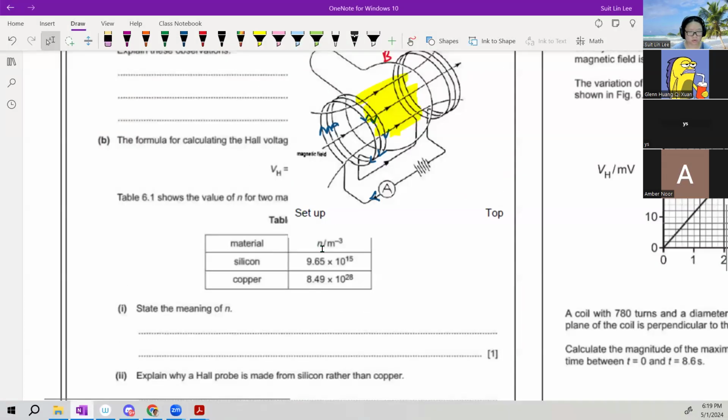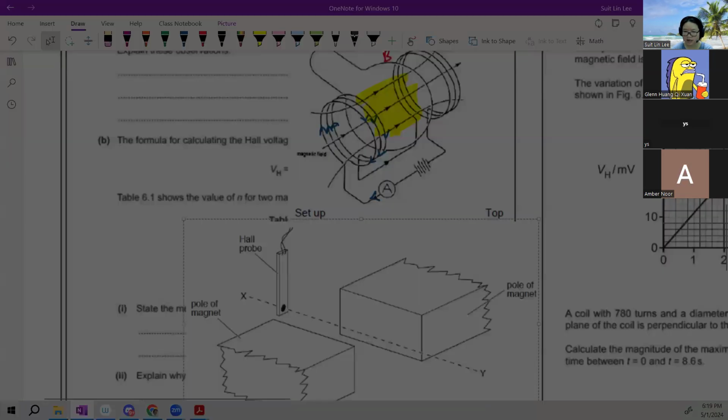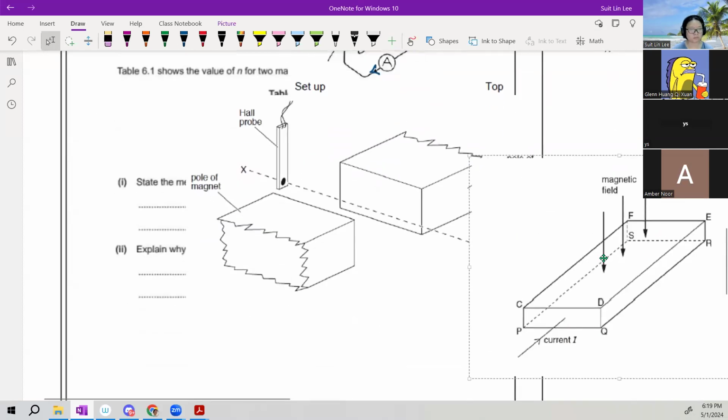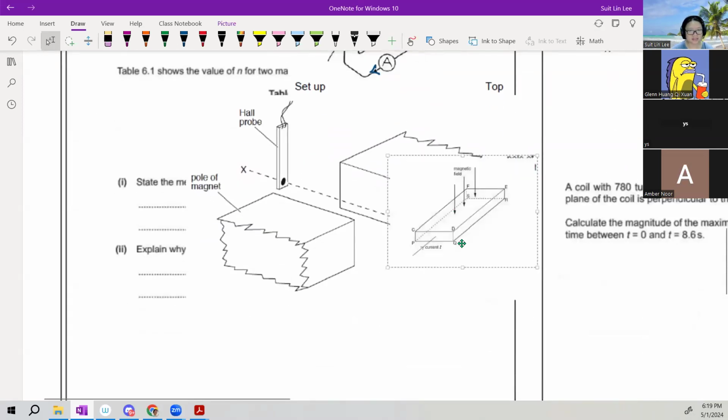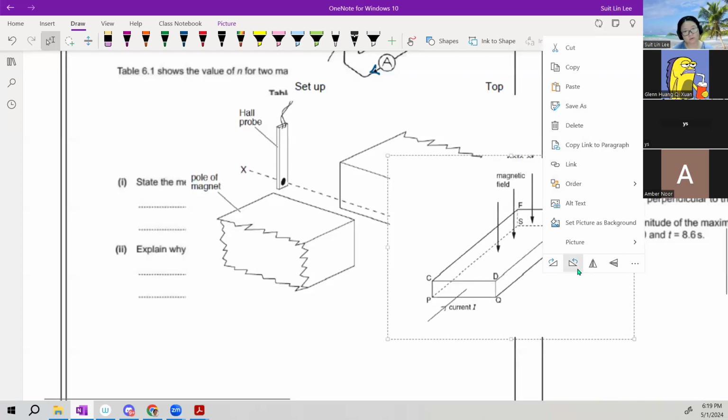So the Hall probe looks like this. But if I zoom in and look at the slice, it looks like this.